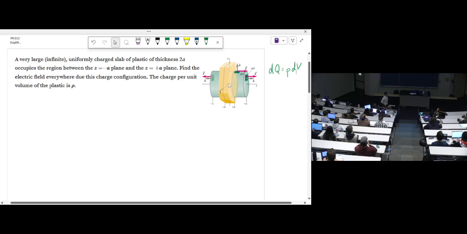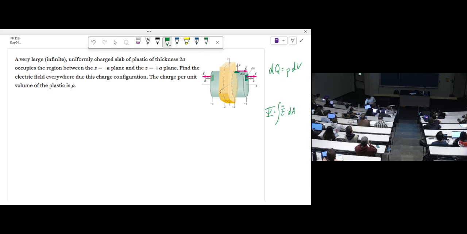Ben? More material means more charge that I'm enclosing. So Gauss's law states that the flux, the integral of E dotted into some area, is equal to the charge enclosed over epsilon naught.